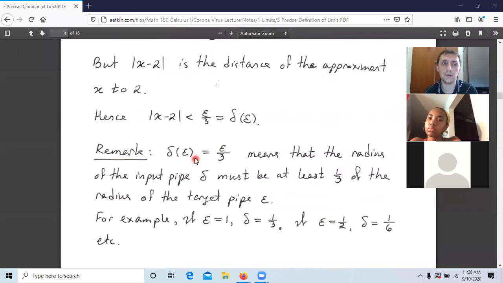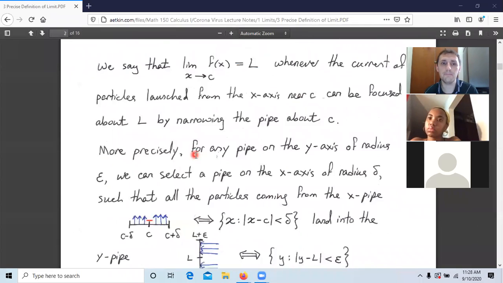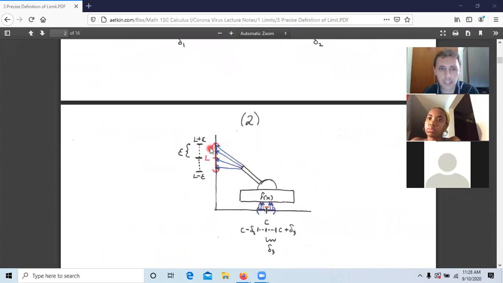Because think about it, right? Here is that picture again. What's the distance between this point where the arrow is hitting and L? The distance is clearly less than the length of the wing, and the length of the wing is L plus epsilon minus L, which is epsilon. Or if it hits here, what's the distance?